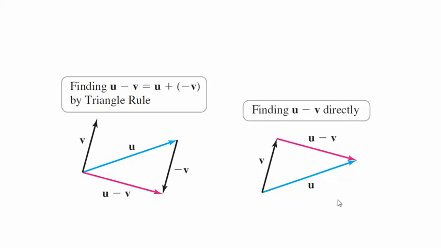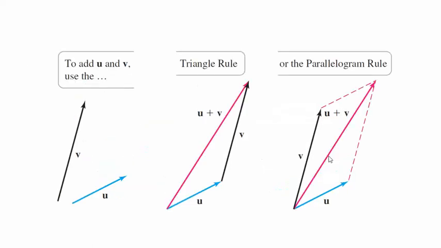But it's also the other diagonal of the parallelogram. So remember we had this diagonal here. In this parallelogram, this long diagonal was u plus v. And if we wanted to find u minus v, that diagonal would be here, going this direction. That would be u minus v.